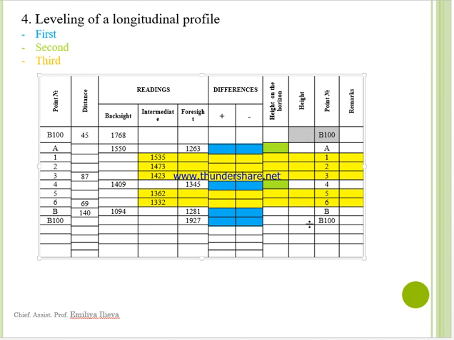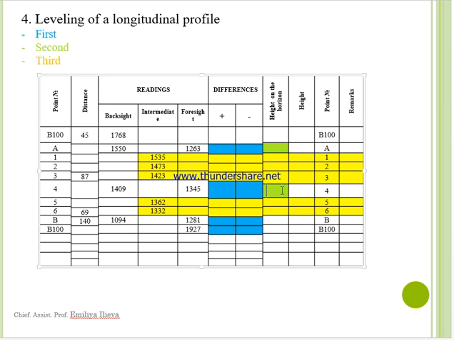And if this is okay, you can continue with calculating the height of all of the points that have been measured with intermediate readings. These numbers I have marked with yellow. So these are point 1, 2, 3, and point 5 and 6. To calculate these points, firstly, we are going to need the height of the instrument at point A. I have given you the equation, and the height of point 4 here.